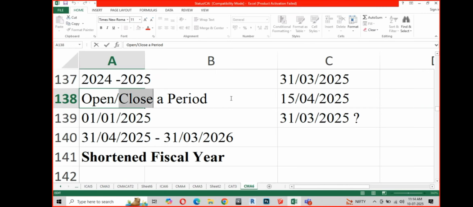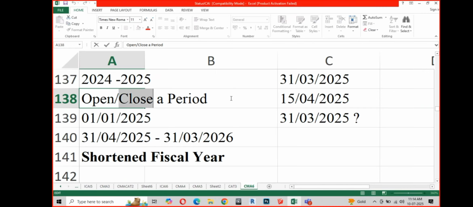So this is a very, very serious thing, and periods cannot be simply opened and closed. No, because the control won't be with the ordinary end users. It will be with the super users, and any period, please make a note that I am considering a month to be a period.